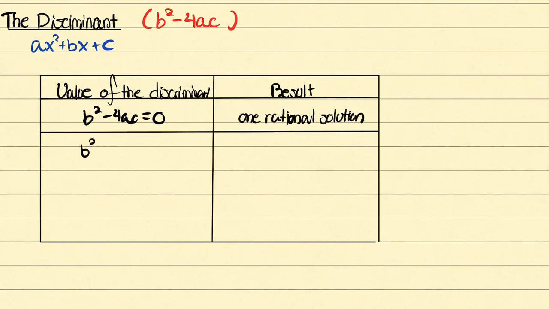If this is greater than 0 and a perfect square, we get 2 rational solutions. Do you guys know what I mean by rational? You can just provide a thumbs up or not. Rational meaning a fraction.